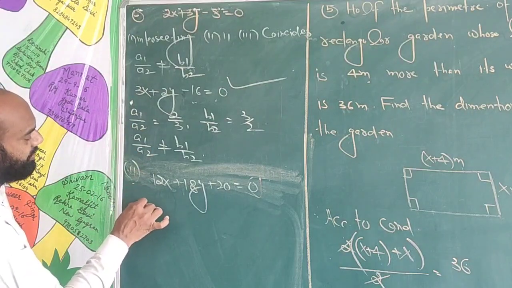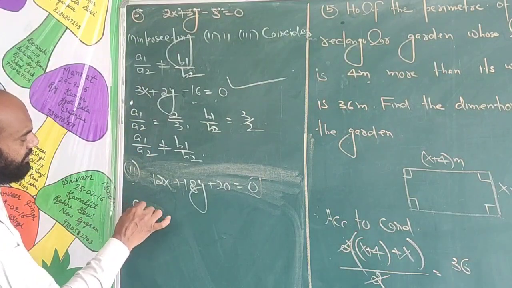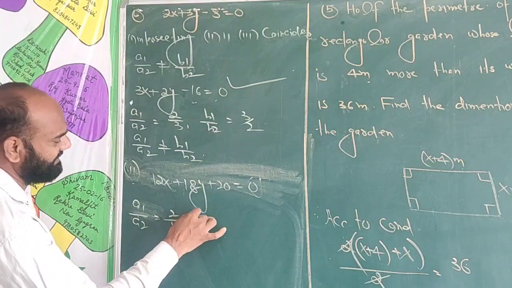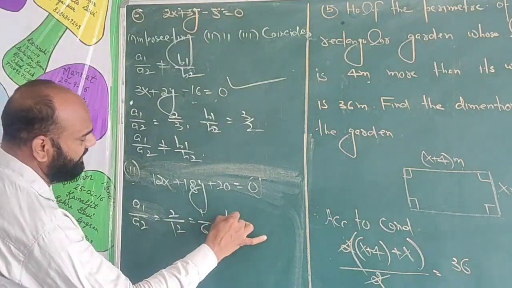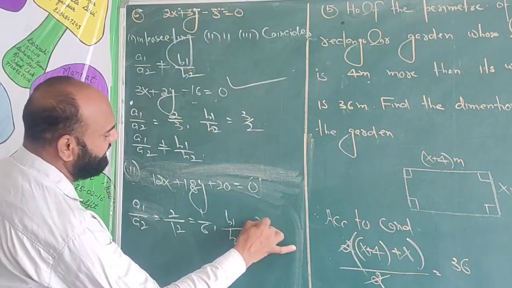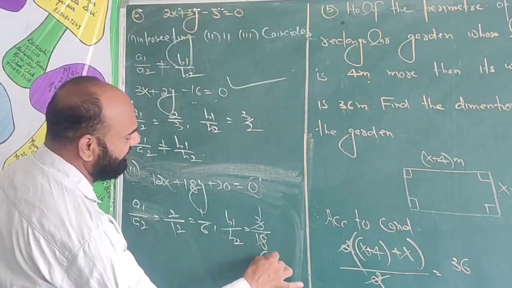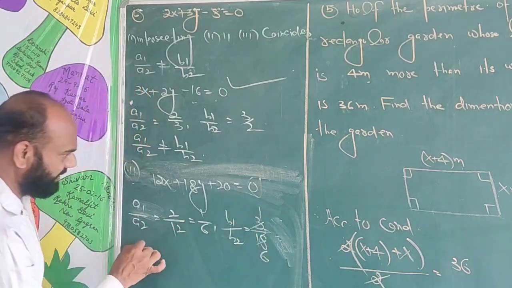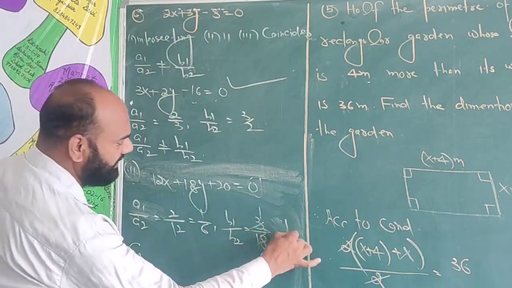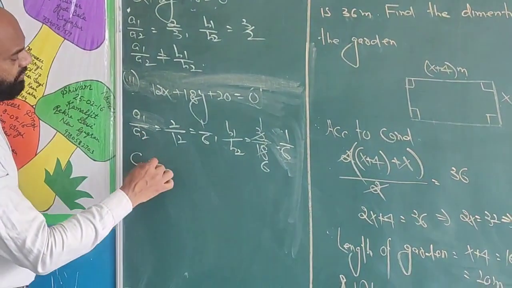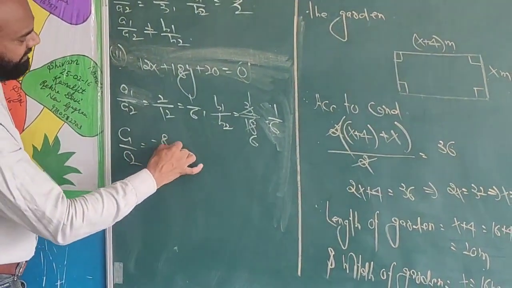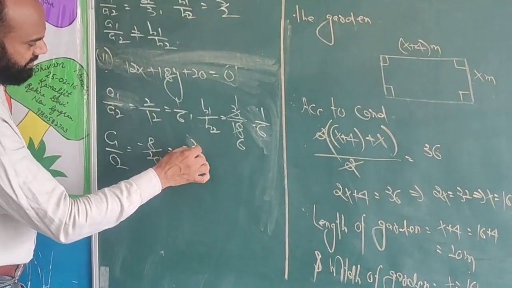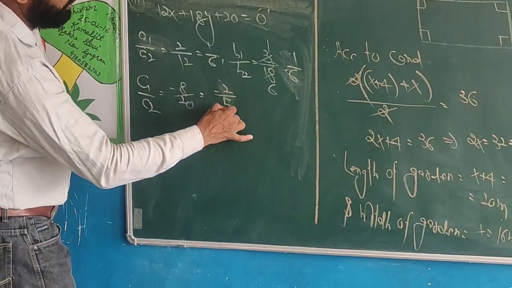So we check here a1 upon a2, that is 2 upon 12, this is 1 by 6, and b1 upon b2, this is 3 upon 18, and this is also 1 by 6, and c1 upon c2 is equal to minus 8 upon 20, and this is minus 2 upon 5.